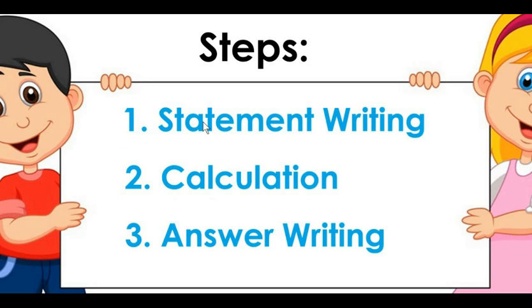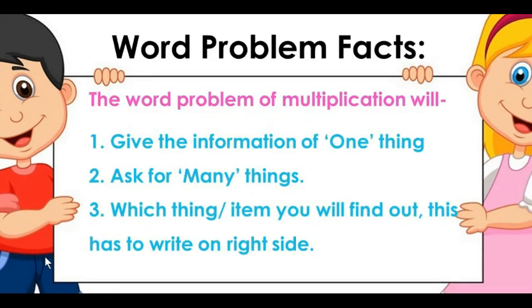These are the steps of a word problem. When we write the problem, we have to follow these 3 steps: statement writing, calculation, and answer writing. My dear students, especially for word problems on multiplication, we have to remember some facts.